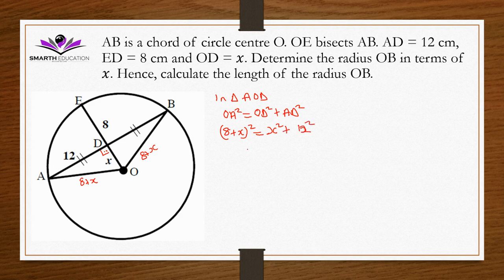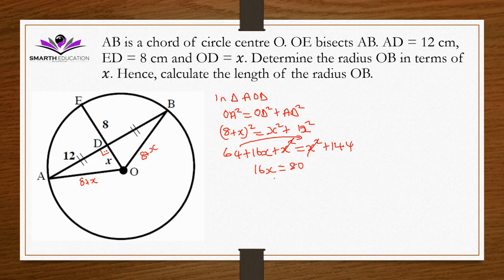Okay, so if you check here, we can expand this and get 64 plus 16x plus x squared, like the way I showed you in the previous one, which is equal to x squared plus 144. Then x squared and x squared go, we remain with 16x, and then if we transpose, 144 minus 64, you get 80.